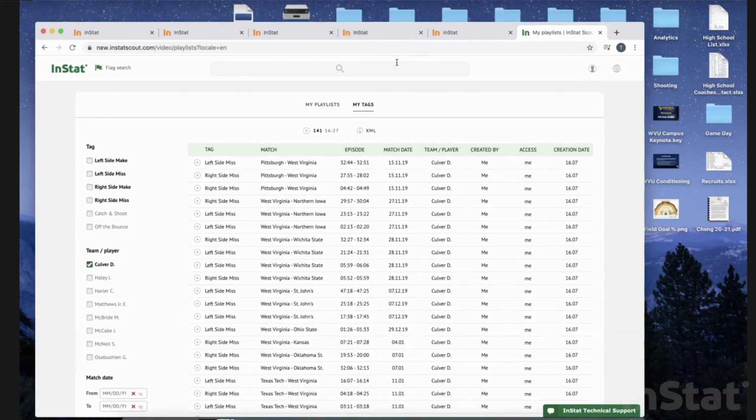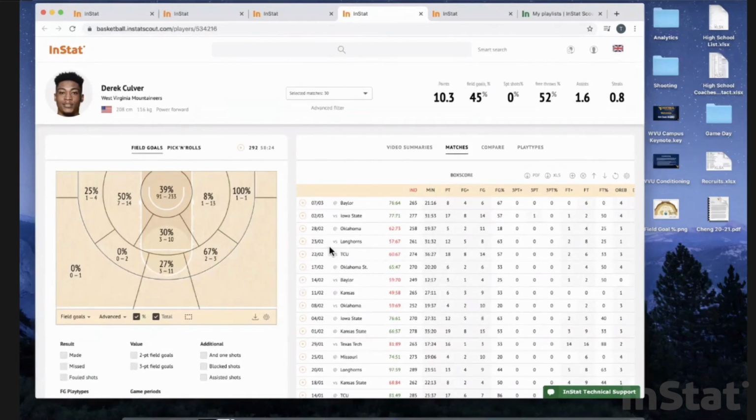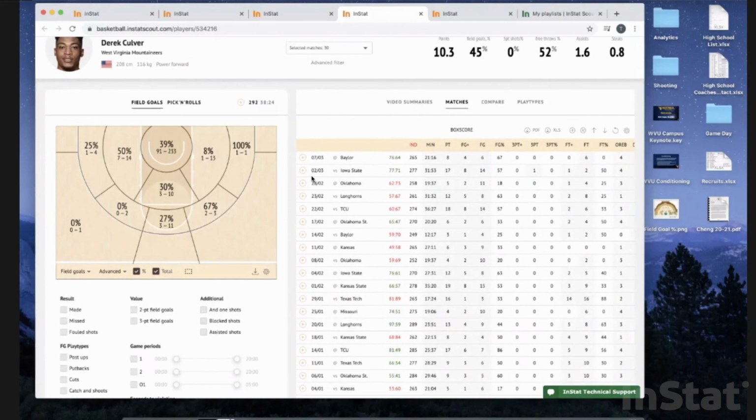So then we also looked at his shot chart, and we found that the shot chart is the primary thing that we're using. Obviously, we're going to keep diving into it. We've only been in this program for about a year. But we found the shot chart's the most useful, as it gives you a full picture of where players are scoring.